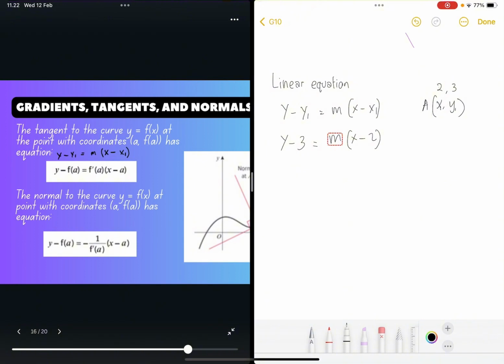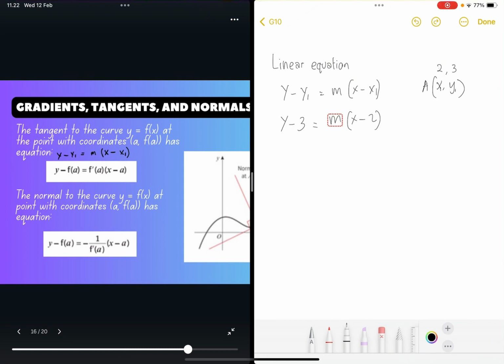Now, the next problem. How do we find the gradient? How do we find the gradient of the curve? Remember, if we want to find the gradient of the curve, we need to find the first derivative. So m is equal to dy/dx, or f'(x), or y'(x), you name it.